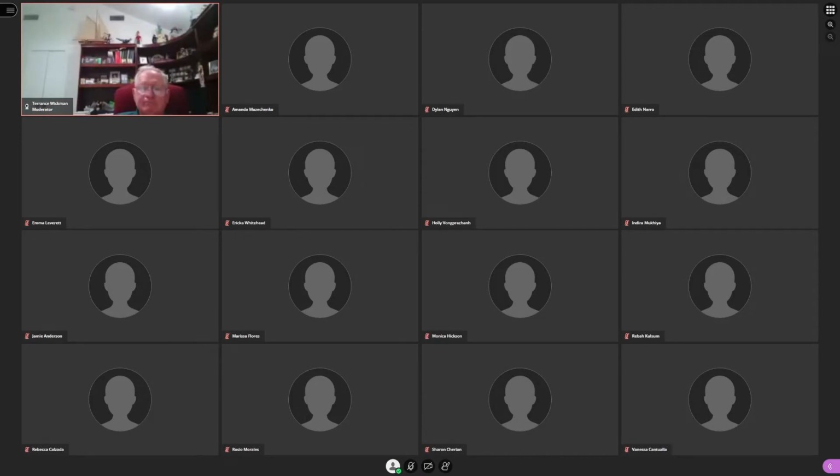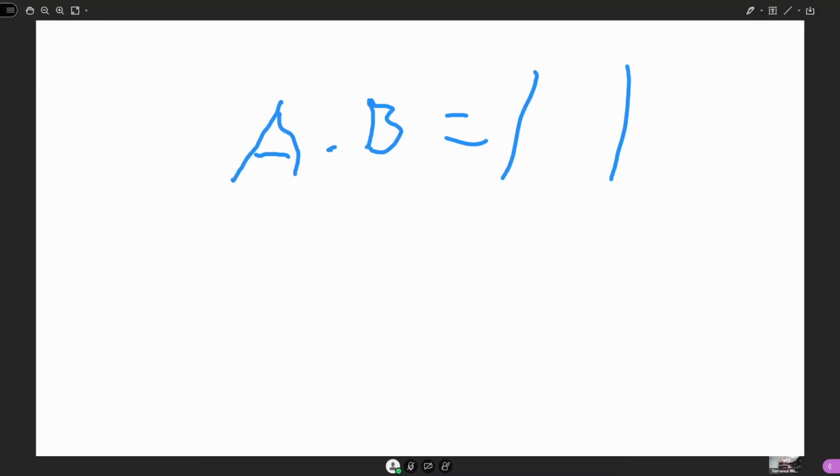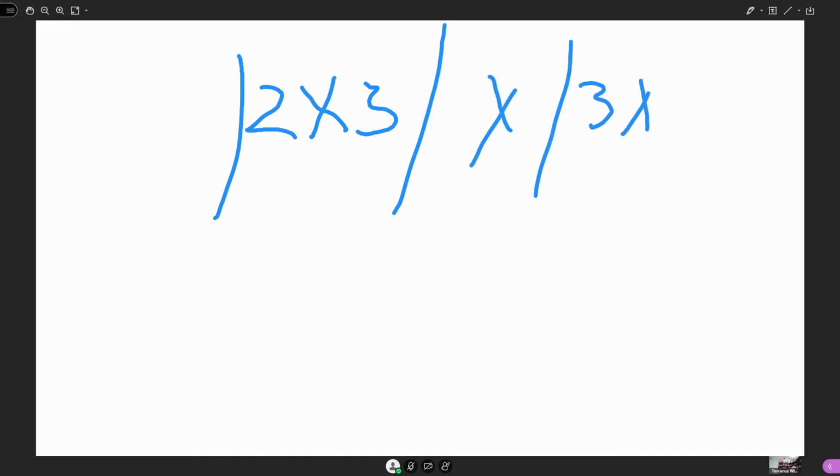Now, before we go further, and we're going to do something more related to this, let's look at this. When we've been multiplying matrices, I want you to know that there is a caveat to all this. If you have a 2 by 3 matrix, you can multiply a matrix that is 3 by 2.